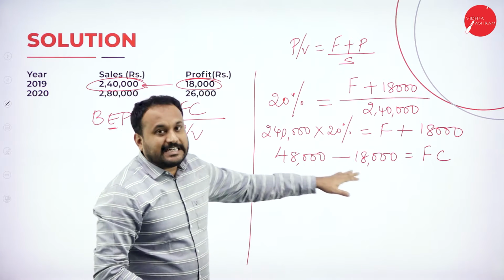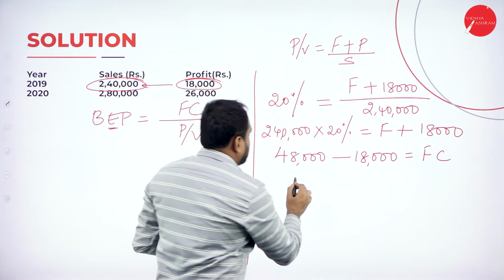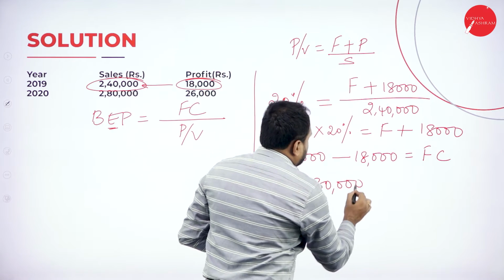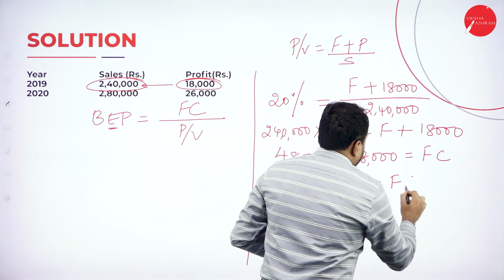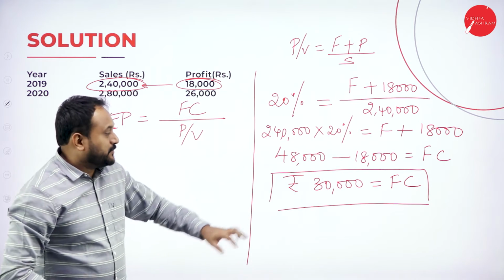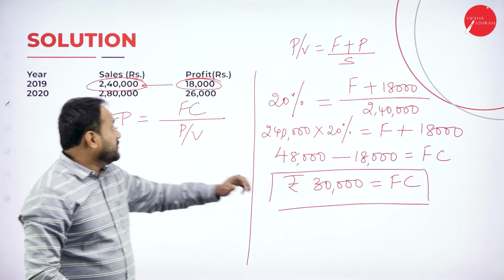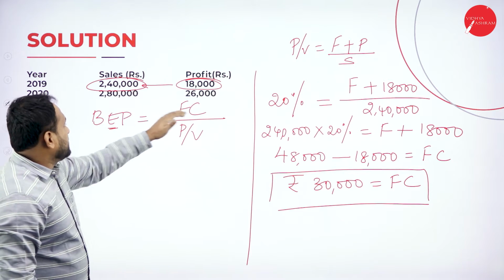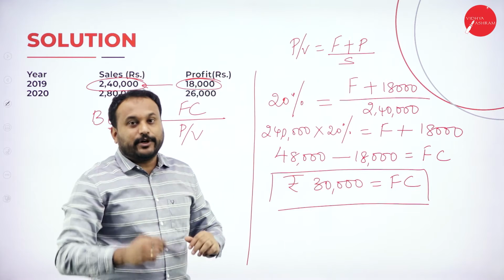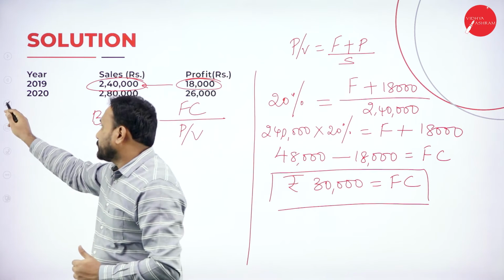So 48 minus 18 is your 30,000. So that means rupees 30,000 is equal to fixed cost. So how much is my fixed cost? 30,000. This will never change. Even if you do it for this 26 and 28, you will get how much? 30,000.